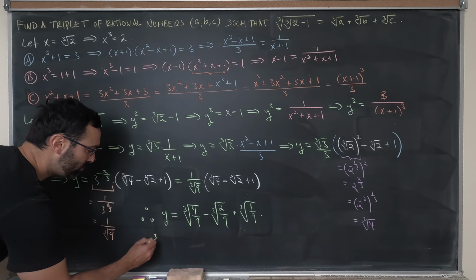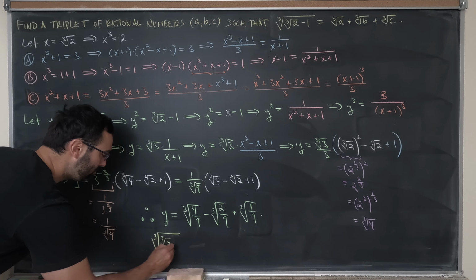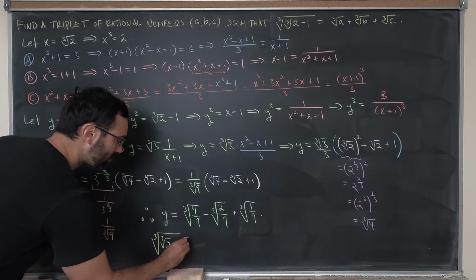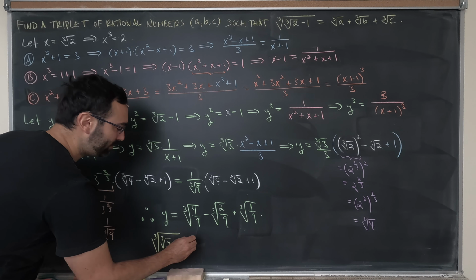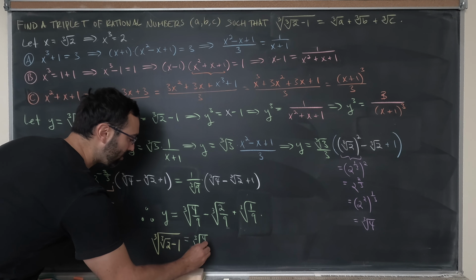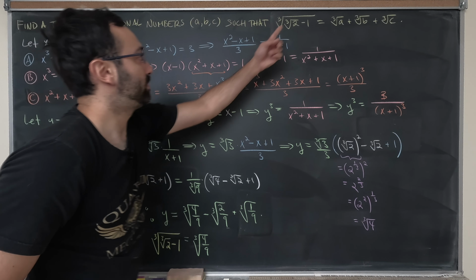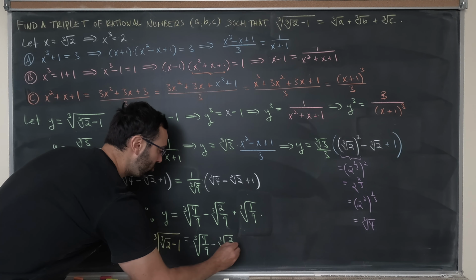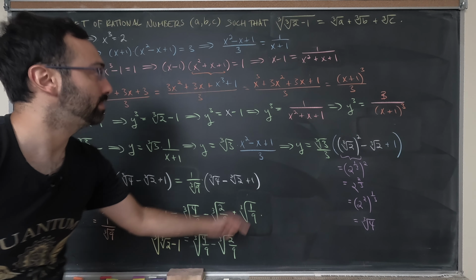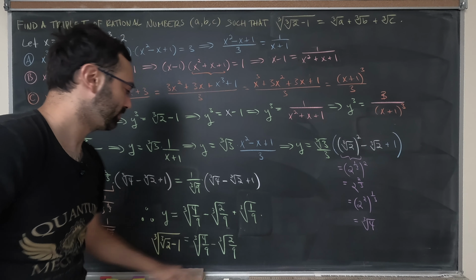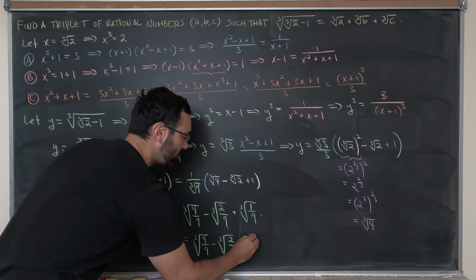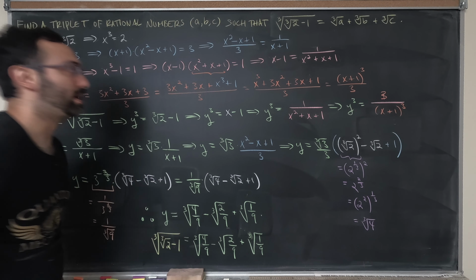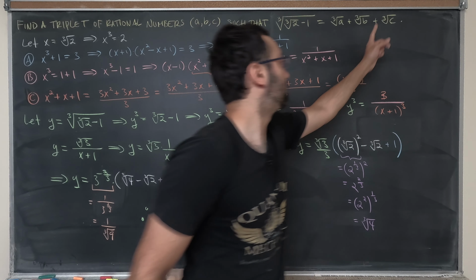So the cube root of 2 minus 1 equals the cube root of 4/9, and 4/9 is our a, minus the cube root of 2/9, and 2/9 is our b, plus the cube root of 1/9, and 1/9 is our c.